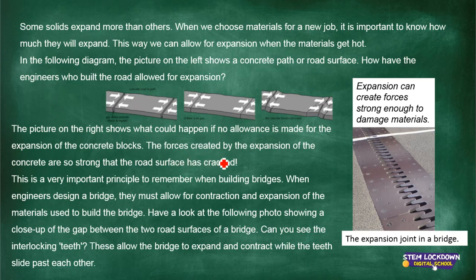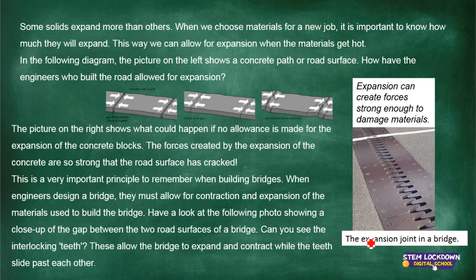The forces created by the expansion of the concrete are so strong in road surfaces that it has cracked. The force between this plate and this plate was so strong that it caused the crack. It is an important principle to remember when building bridges. When engineers design a bridge, they must allow for contraction and expansion of the materials.